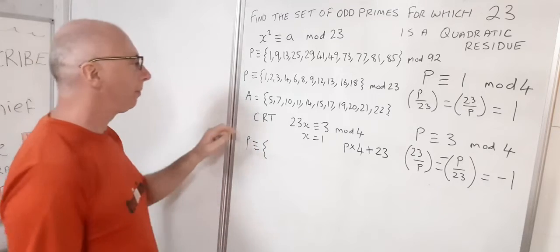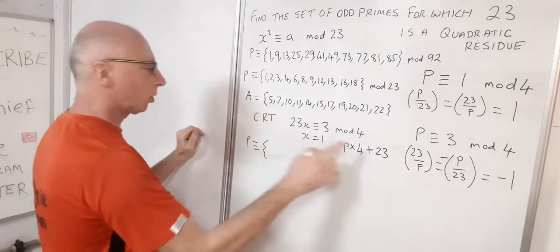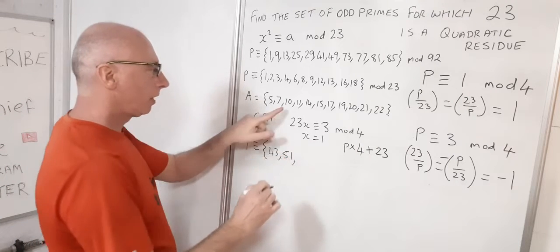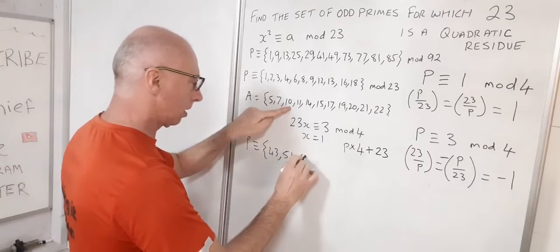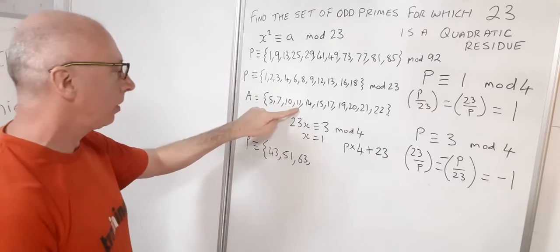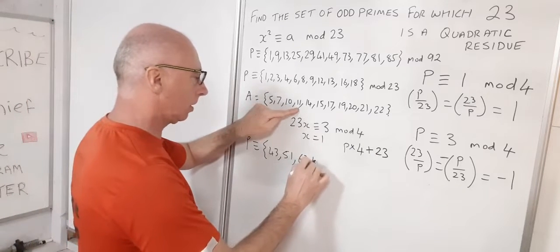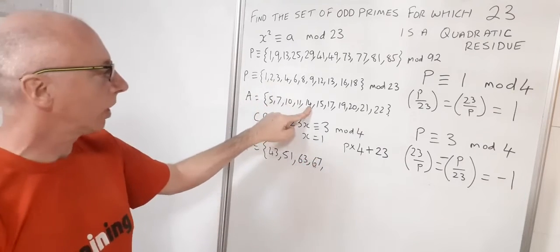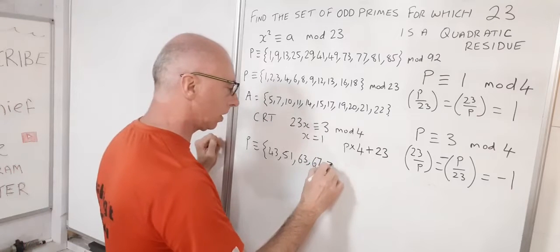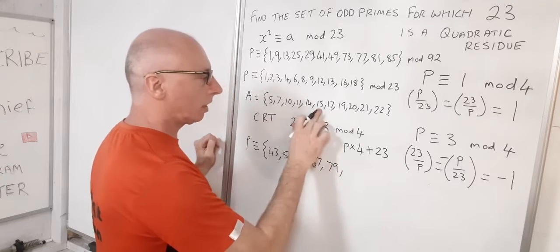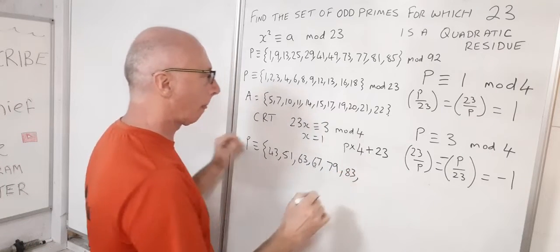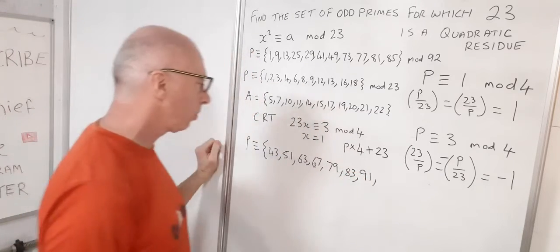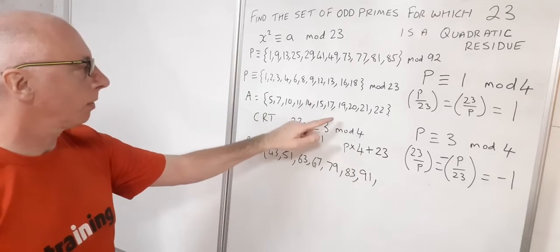So let's go through them. 5 4s are 20, plus 23 is 43. 7 will give us 51, 10 will give us 63, and 11, that's going to give us 4 more, that's 67, and 4 14s are 56, plus 23 is 79, 60 plus 23 is 83, 68 plus 23 is 91, so that's the last one before we have to adjust modulus 92.